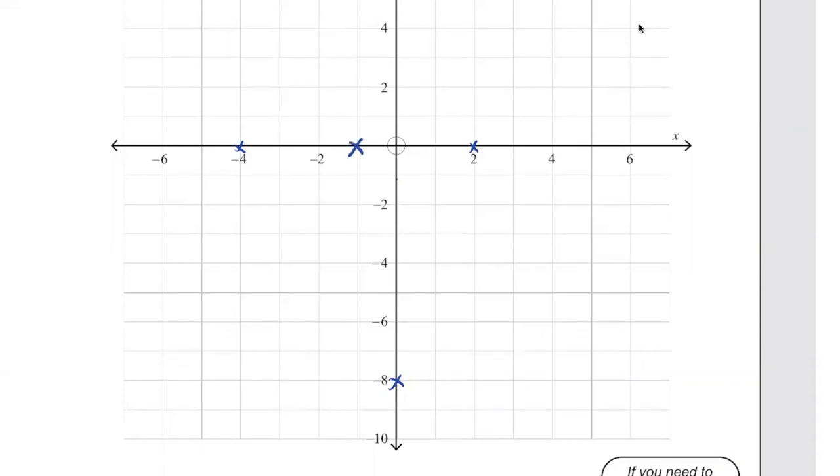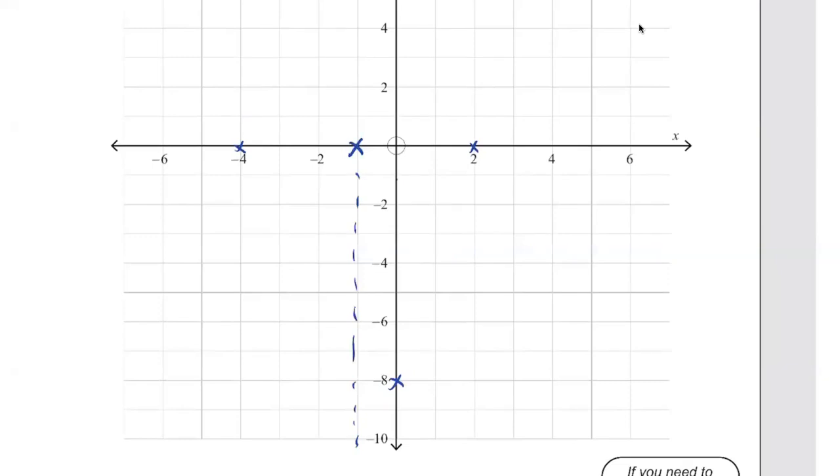You can count squares, there's 6 squares across, and we can count 3 from either end. Or we can go negative 4 plus 2 is negative 2, which we divide by 2 to find halfway. So somewhere along this line is where that vertex is.